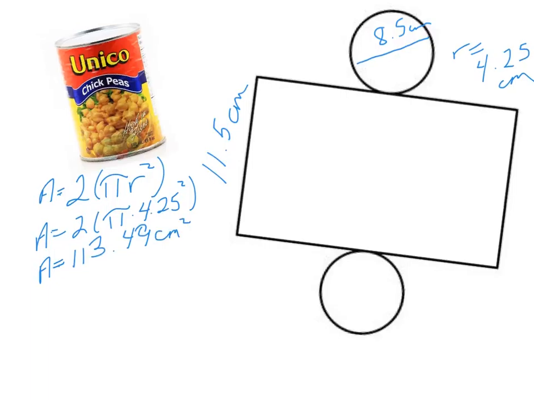To find the area of the rectangle that makes up the body of the can, we need to know the long edge, and that is equivalent to the circumference of the cylinder, for which we also needed the radius.